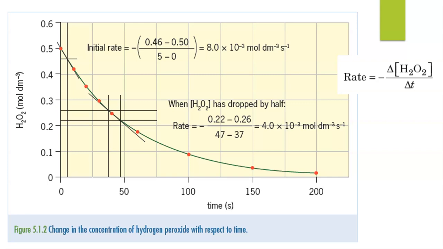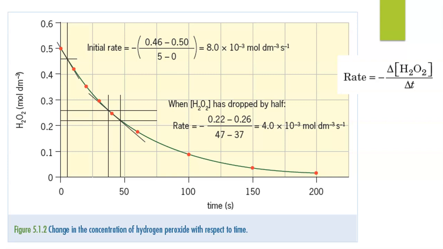From this we can see that the rate is maximum at the start, then decreases due to the decreasing number of particles that are available to collide with sufficient energy greater than or equal to activation energy, and so the rate of reaction is lowered.